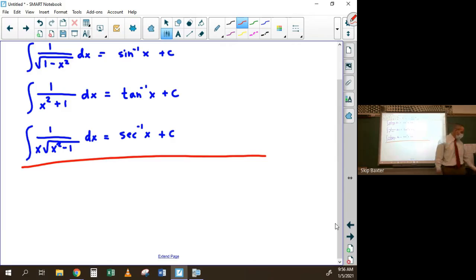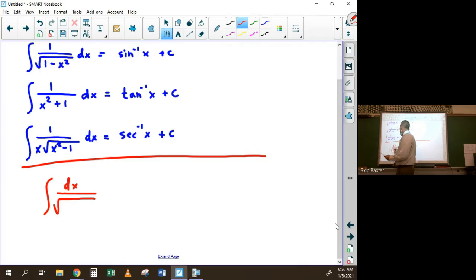For example, suppose you had something like the integral of dx over square root of 9 minus 4x squared. This kind of looks like inverse sine, but not exactly. So you have to make it look exactly like inverse sine.